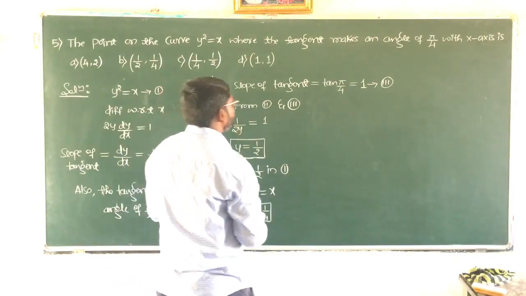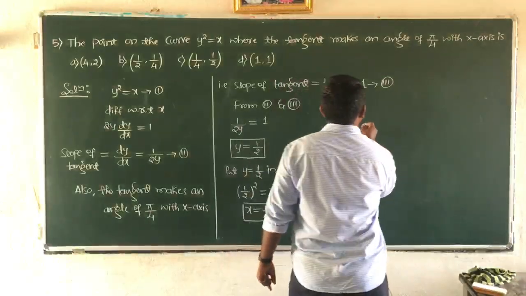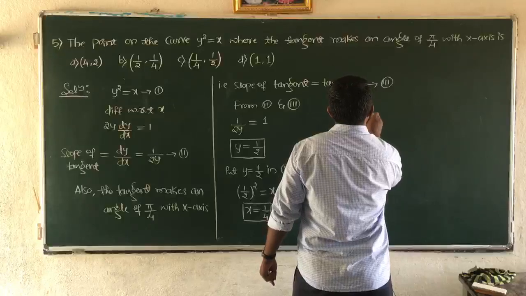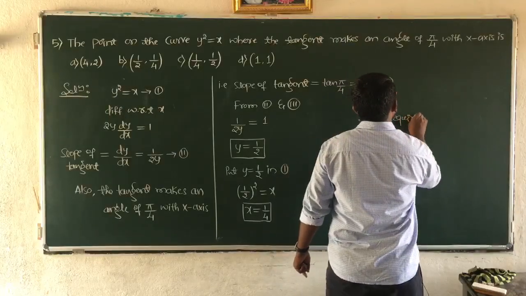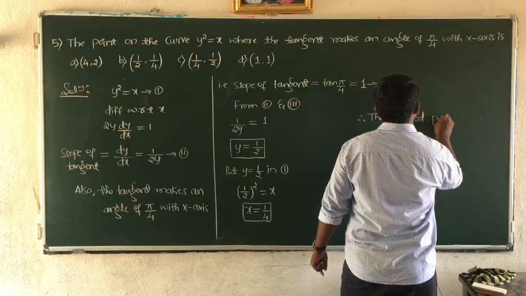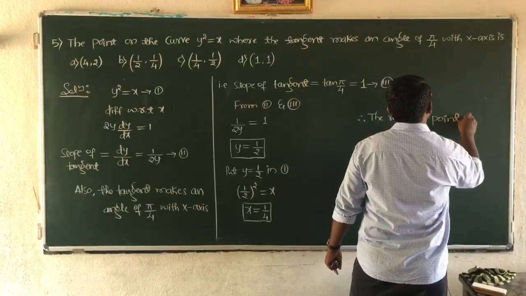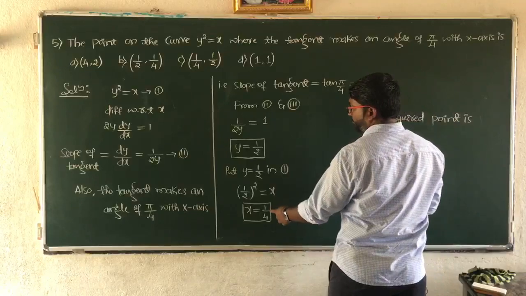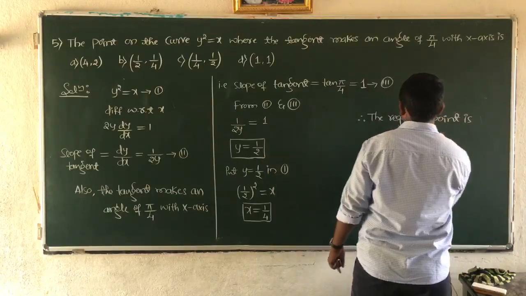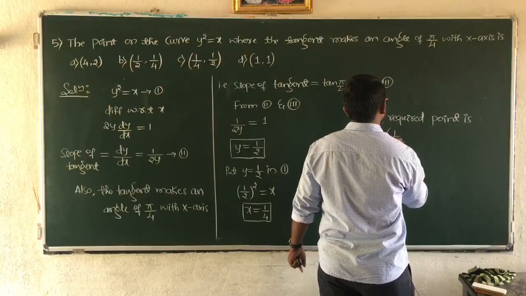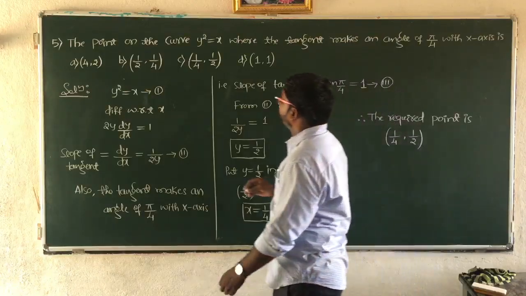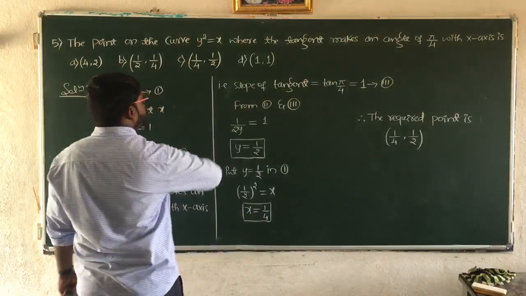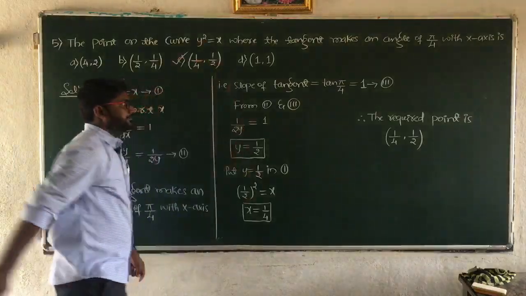Therefore, the required point is 1 by 4 comma 1 by 2. So, which is the right answer now? 1 by 4 comma 1 by 2, it is option C.